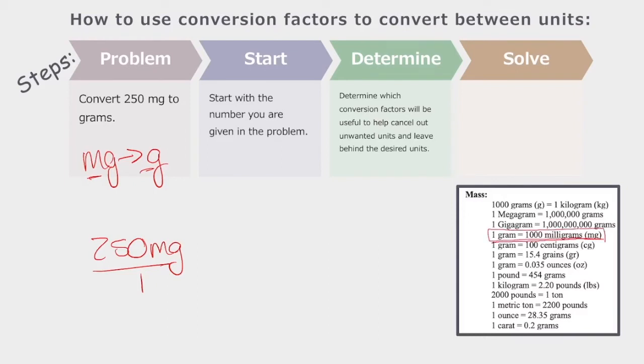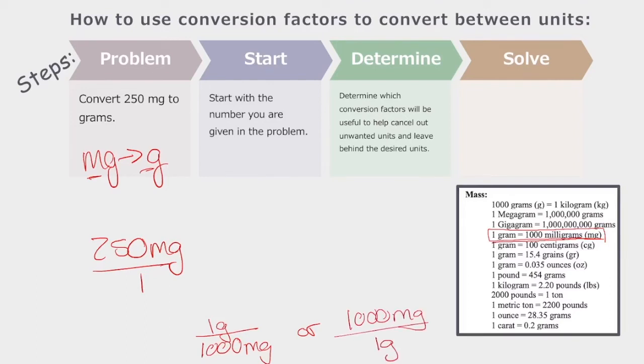This is the exact one that I would like to use. And now I need to write some conversion factors so that I can choose the best one to solve this problem. So I'm going to write 1 gram over 1,000 milligrams, or 1,000 milligrams over 1 gram.